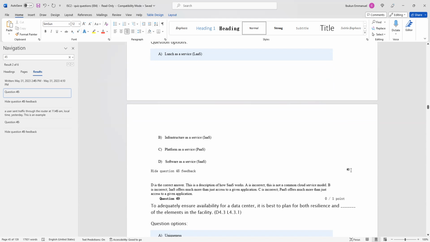Can anyone type in the chat window, please, what an example of a software as a service app is? Most of us actually use one form of software as a service, or SaaS, or the other. Let's just take a look.